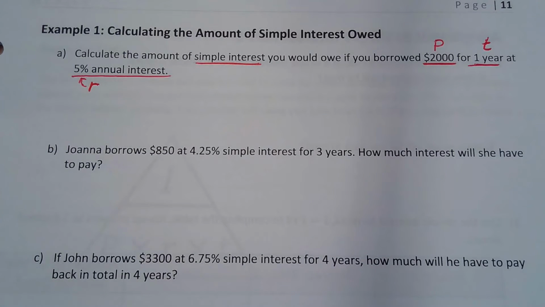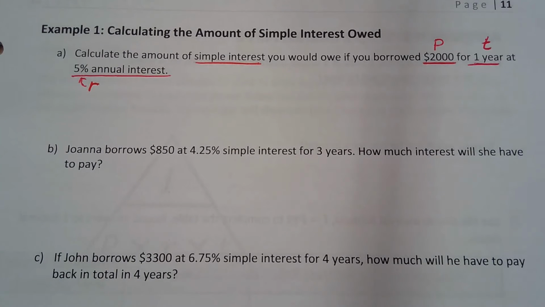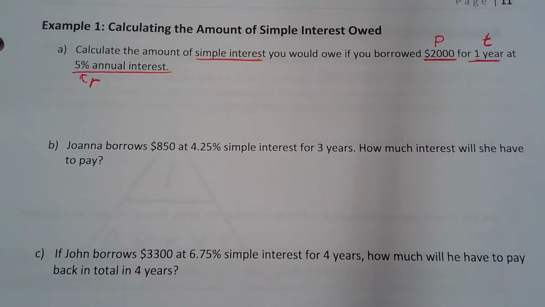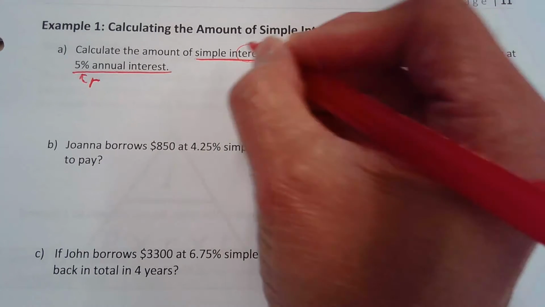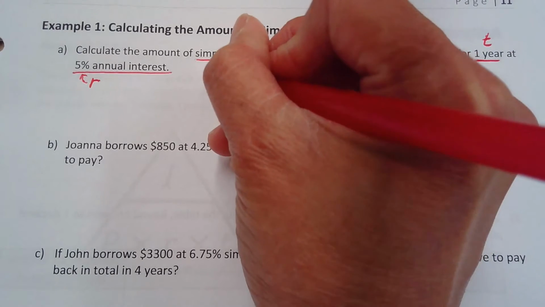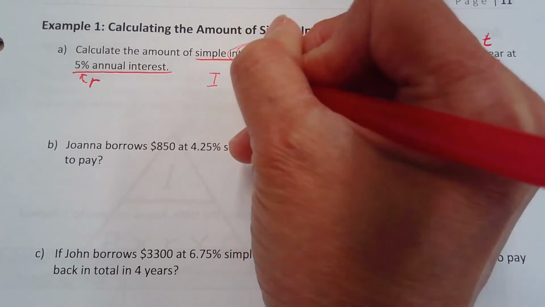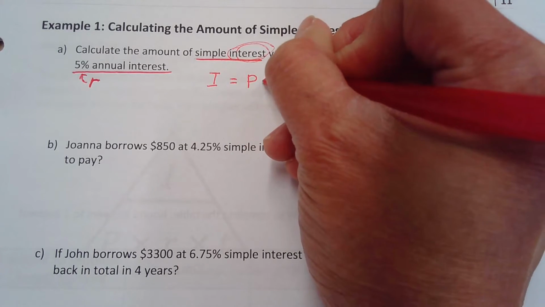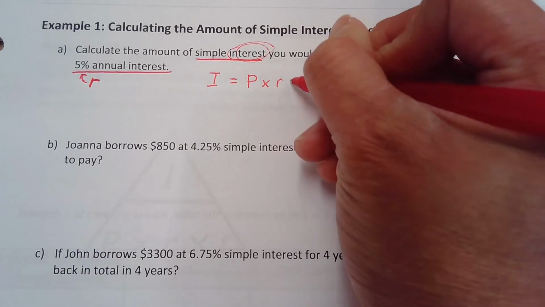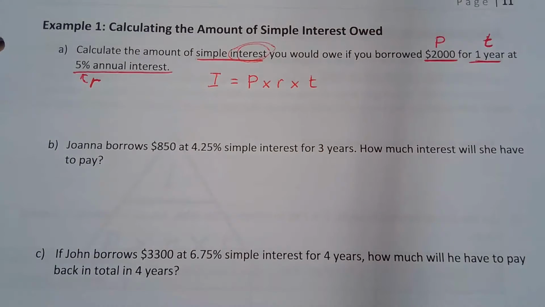So what are we solving for? Calculate the interest. So I equals P times R times T. Okay, start off with the formula.